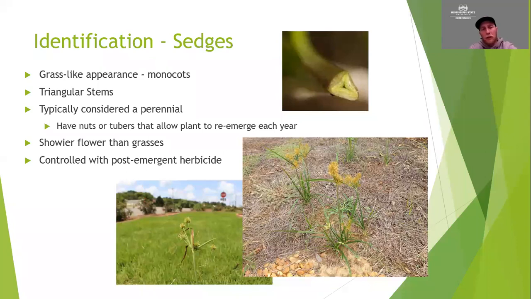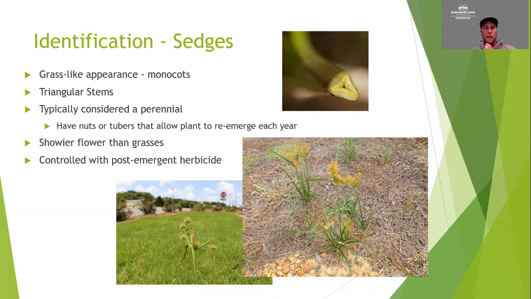There are some very sheltered microclimates where they may persist longer. But they're typically annuals, even though we consider them a perennial and treat them like a perennial, just because of the way we use to kill them or control them.